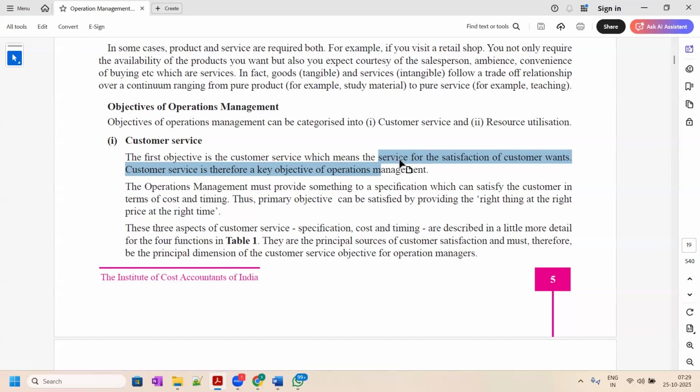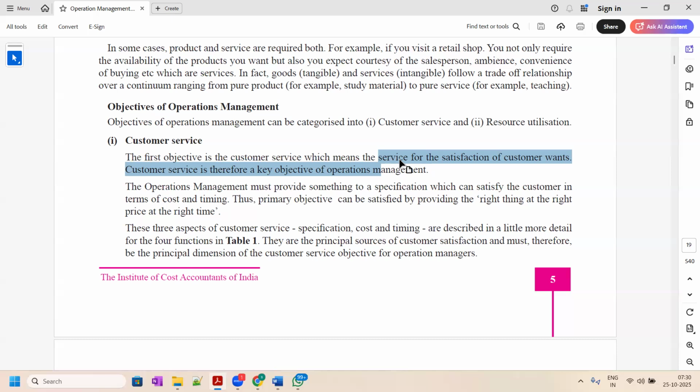So operation management's job is to make sure that what the company provides meets the customer's expectation in terms of specification, costing and timing. In short, operation management should ensure the right thing at the right price at the right time.